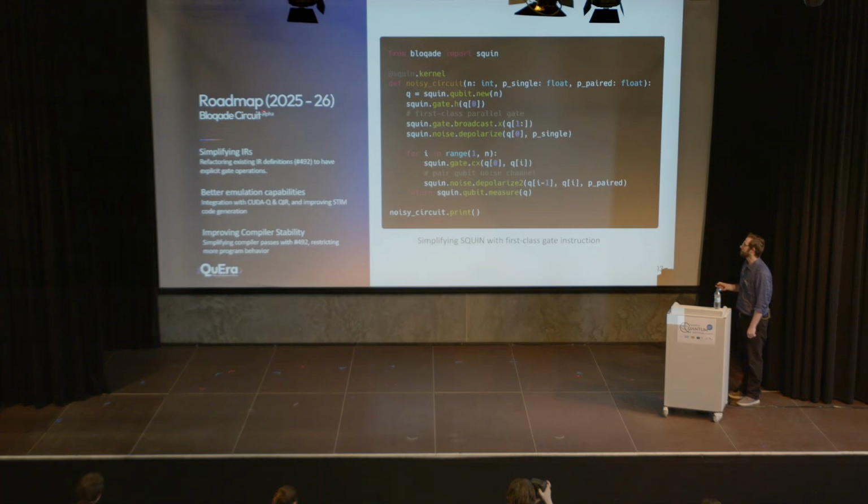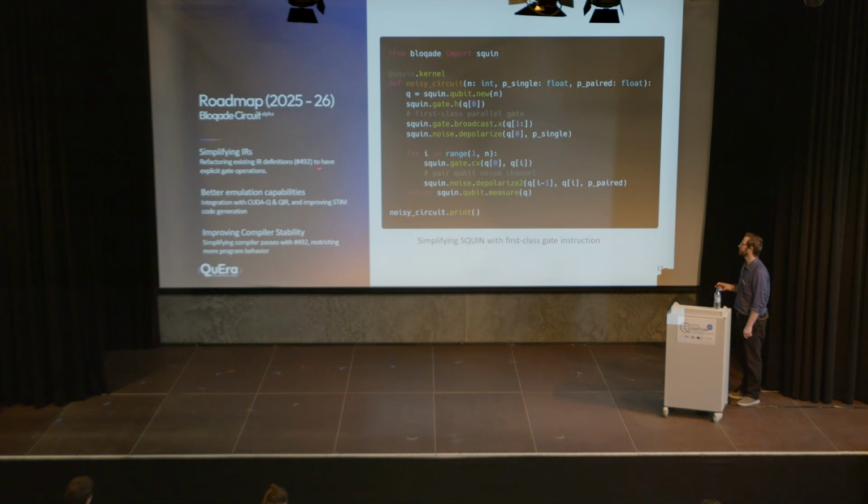In the roadmap, so what we're actually doing at the end of 2025 and into 2026. One of the things that we found is that our original representation, while very flexible, was more difficult to compile, and as such, we are going back and simplifying our existing compiler IR to be a bit more simple.